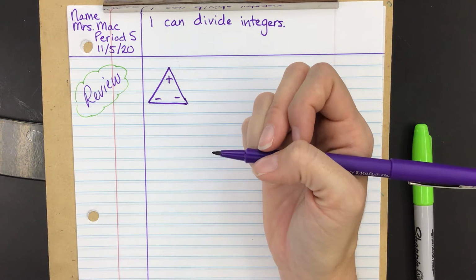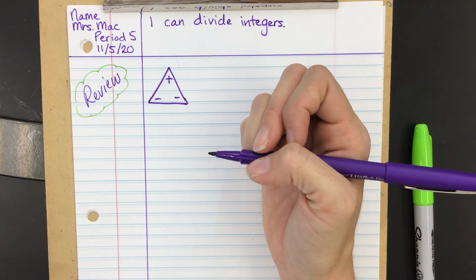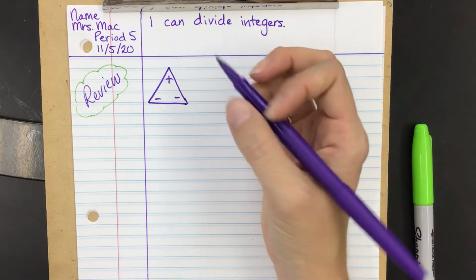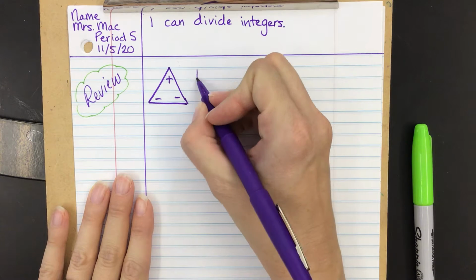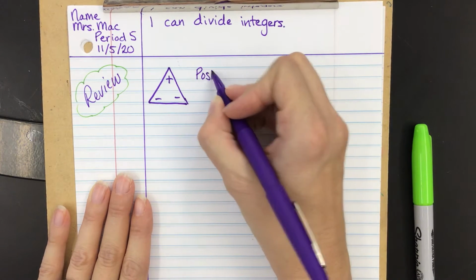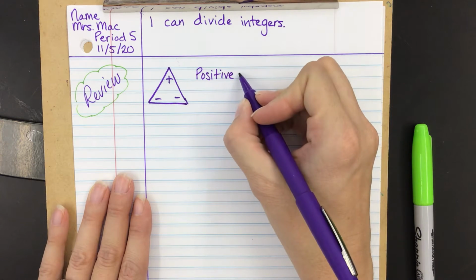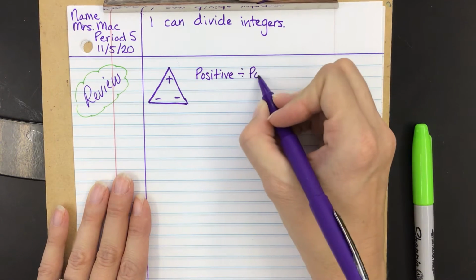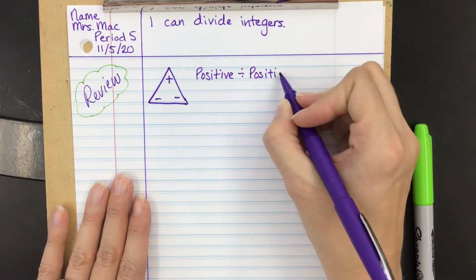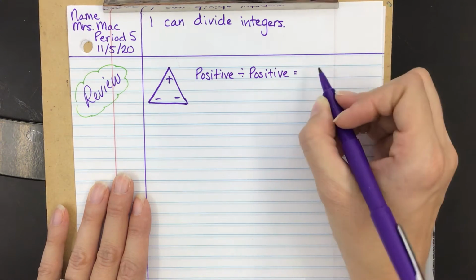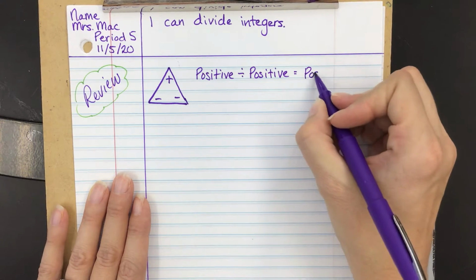So let's list out these rules so that you have them for future reference. The first one is if you divide a positive by a positive, your answer will be positive.